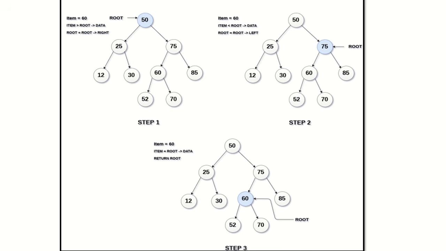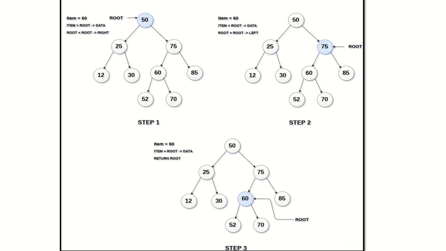If the element to be searched is greater than the root node, we consider searching only in the right subtree, because the binary search tree property says that all the elements in the right subtree will have a value greater than the parent. So no need to search in the left subtree.